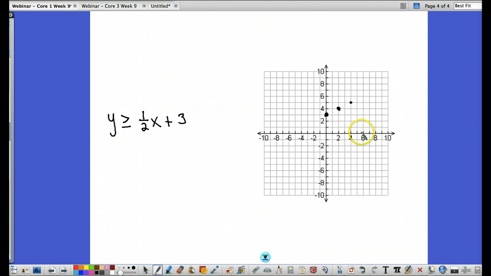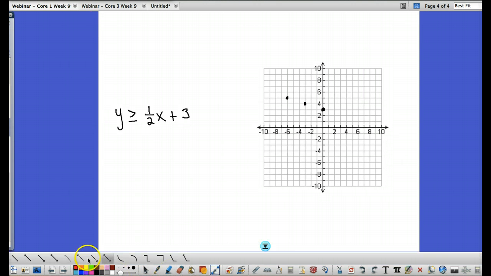Oh wait, am I going the right direction though, you guys? No. How come I'm going the wrong direction? Yes, I'm doing a negative slope, but my slope is positive, so always be careful about that. So up 1 over 2, up 1 over 2. Good. Okay, you guys, solid or dashed line?